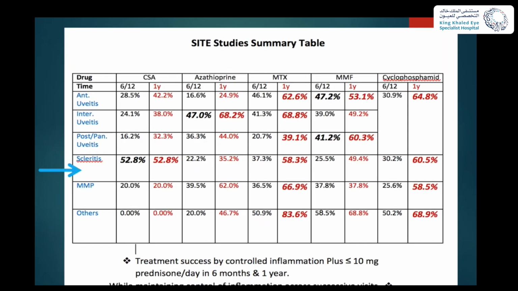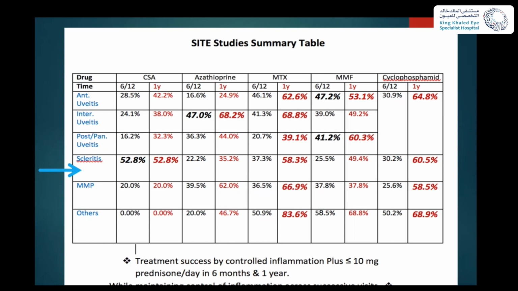One important series is the Systemic Immunosuppressive Therapy for Eye Diseases study group. They looked at all immune-related diseases, and one of them is scleritis. They found that cyclosporin, methotrexate, and CellCept are relatively the same.